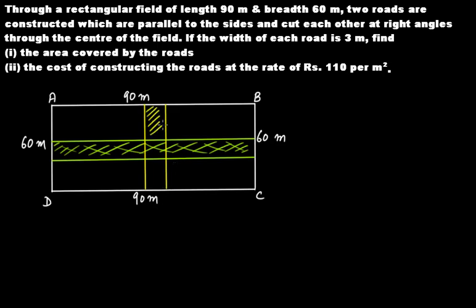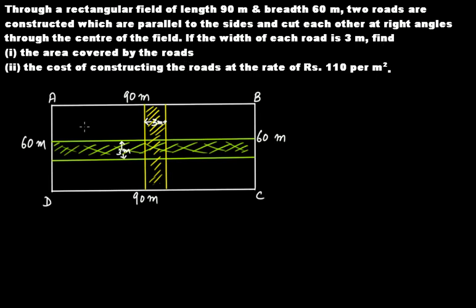So this is the second road. Now it's given that these two roads are actually 3 meter wide. The width is 3 meter and even its width is 3 meter, right? Find the area covered by the roads.